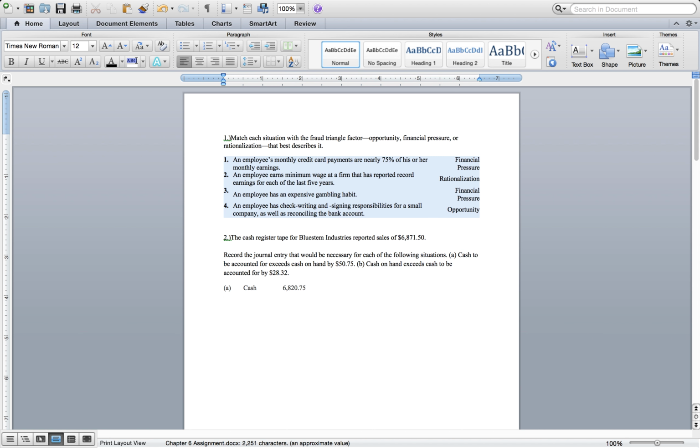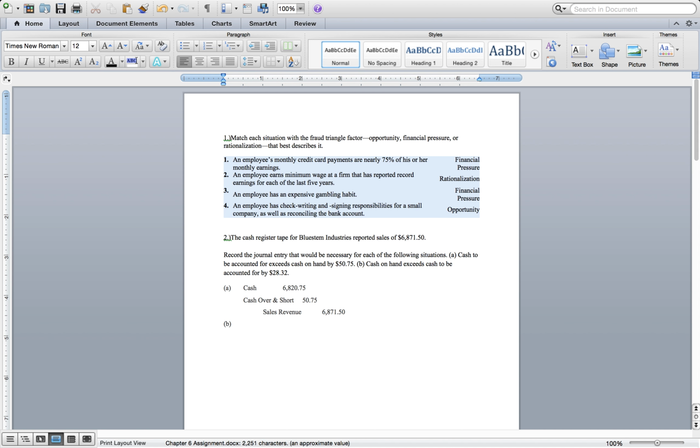Now, this difference, we want to debit to cash over and short for the amount, which is $50.75. And then the account we credit will be sales revenue for the amount reported, which is $6,871.50.